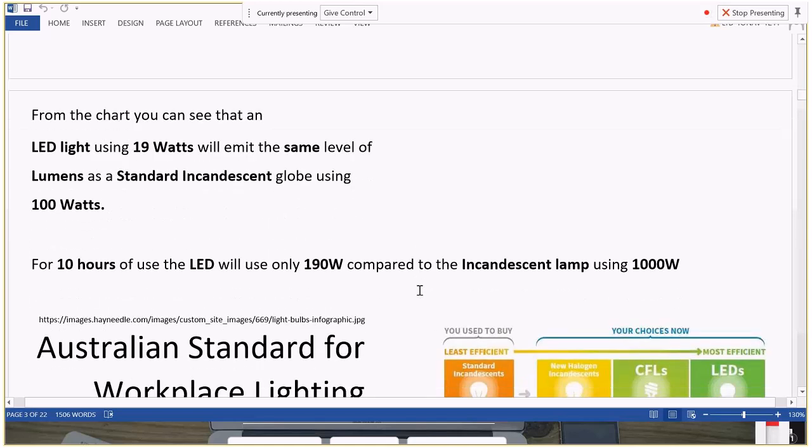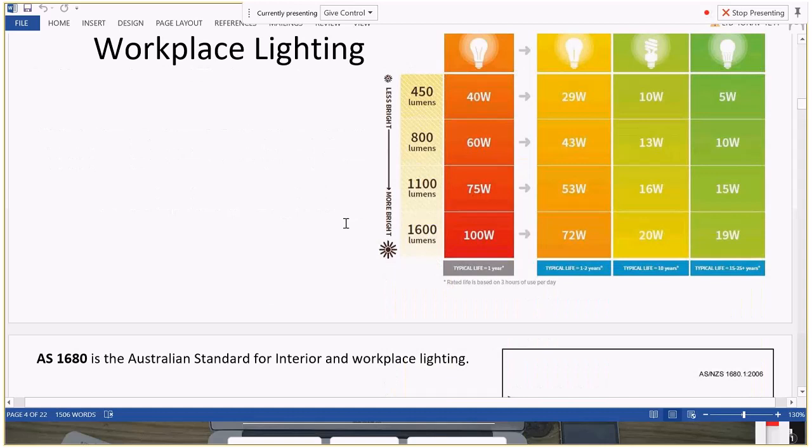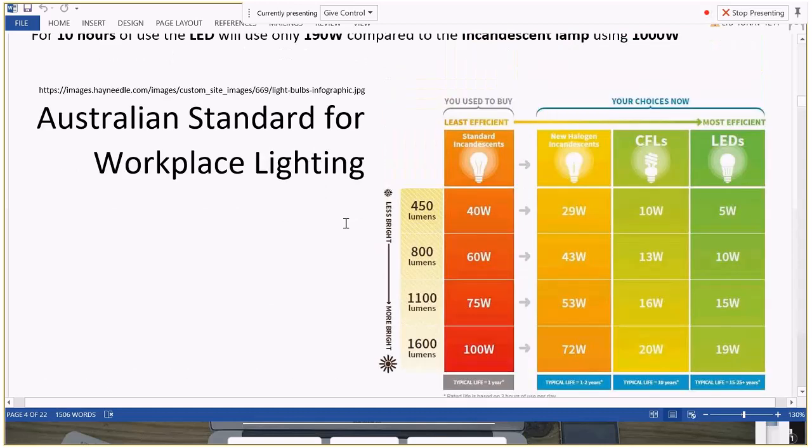But certainly with the advent of LED lights, you could produce the same lumens from 19 watts as it used to take 100 watts to do with an incandescent light globe. So a bit of a chart there comparing lumens to light output for your incandescents versus these compact fluorescent and halogen light globes.